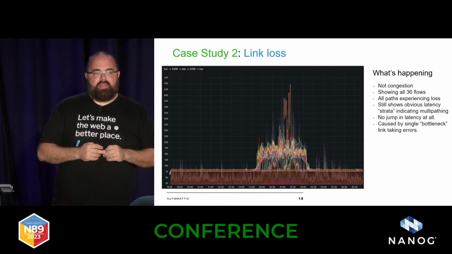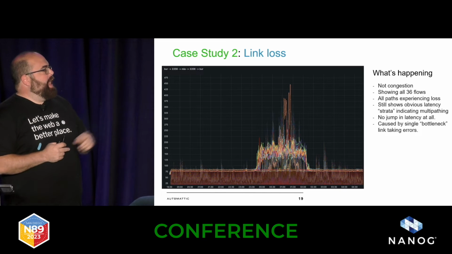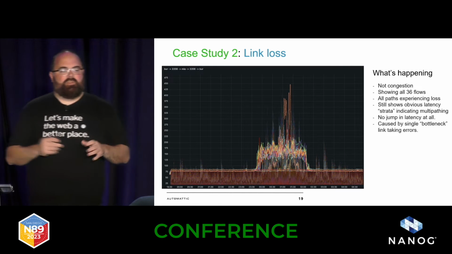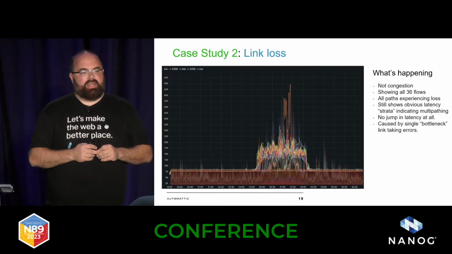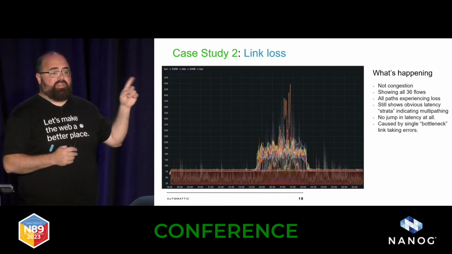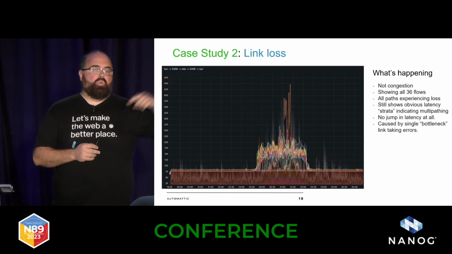And it's important that at Automattic, through having a very geographically diverse network connected to a very diverse set of providers, we have a lot of visibility into things that you wouldn't normally see. These kinds of issues are just simply not discoverable by people who only see one side of the link.